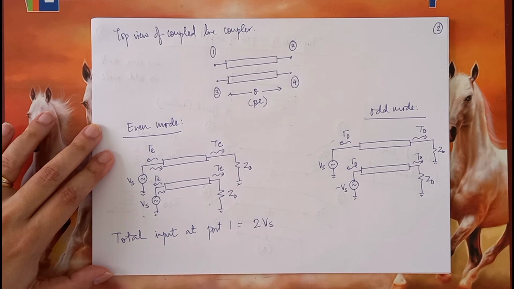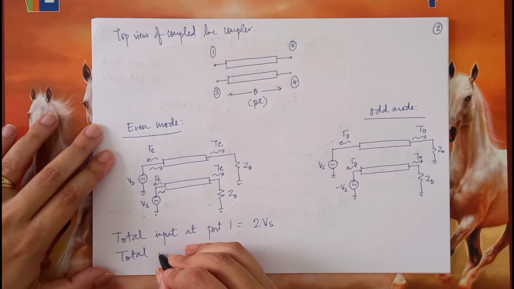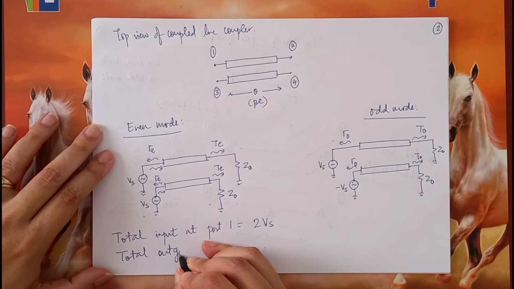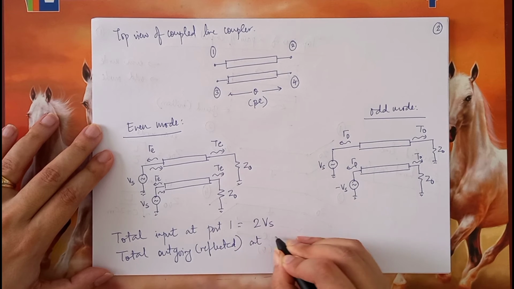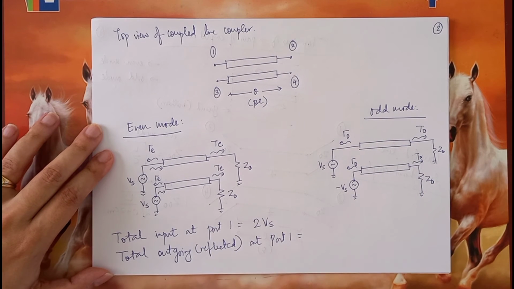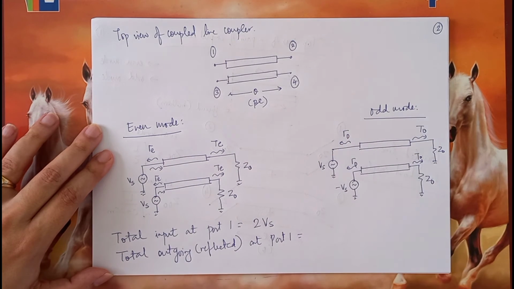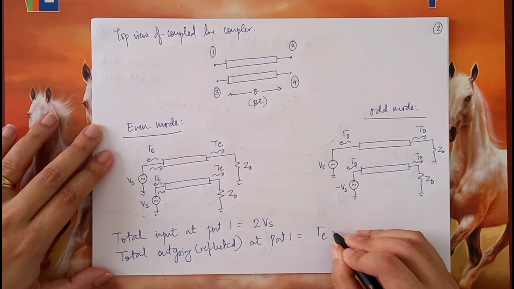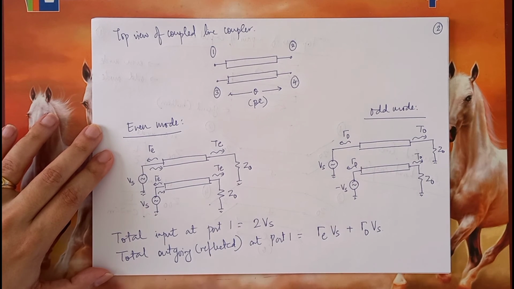Then what is the total reflected voltage, or total outgoing wave, at port 1? In the even mode, it will be gamma E times Vs, and in the odd mode, it will be gamma O times Vs. So totally there will be gamma E times Vs plus gamma O times Vs. Right?